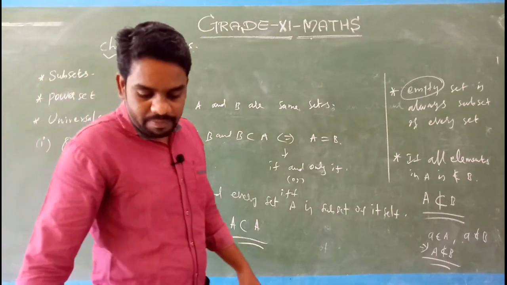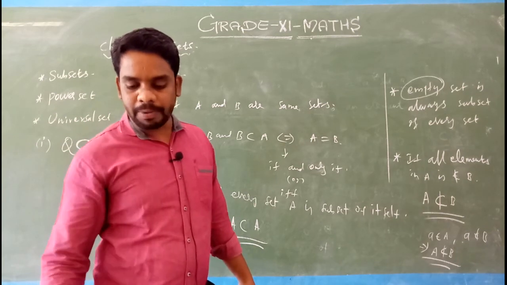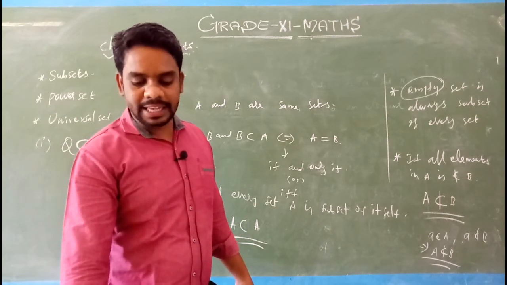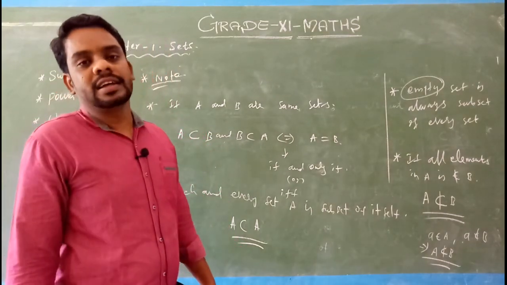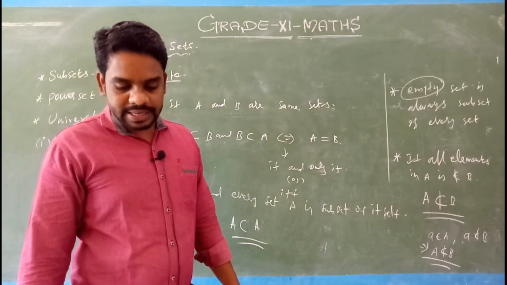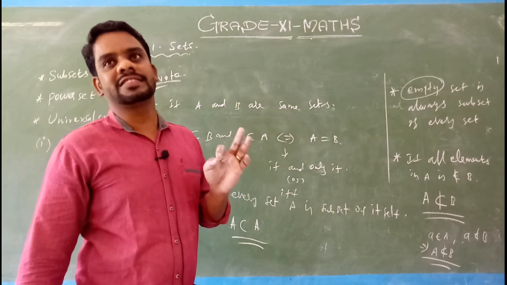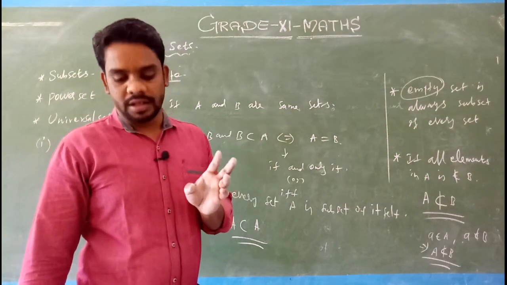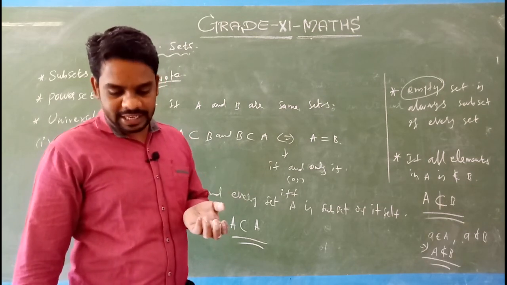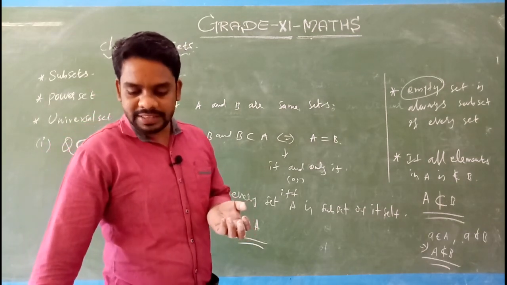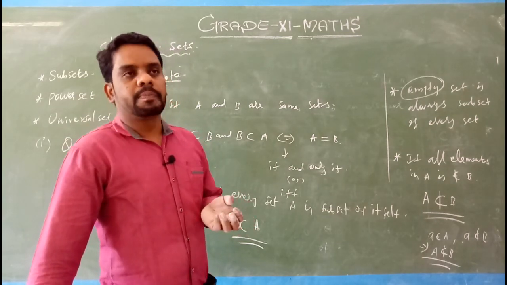Second example: if A is the set of all divisors of 56 and B is the set of all prime divisors of 56, then B is a subset of A, and we write B is a subset of A. Divisors of 56 include prime numbers and composite numbers, while prime divisors means prime numbers only.